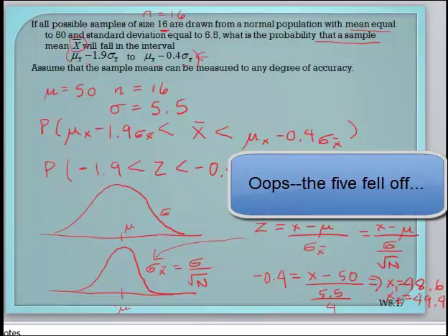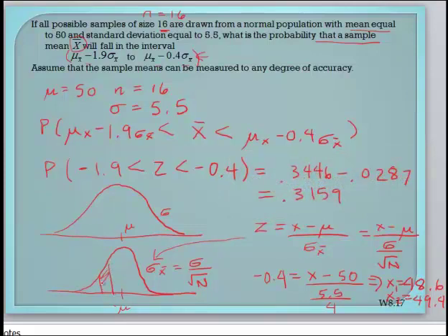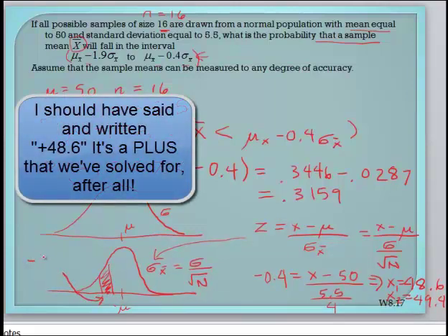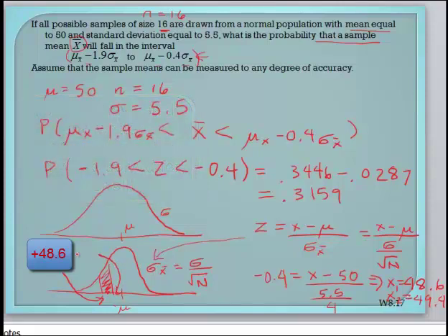So these values right here are the area that we're looking at, where x1 in reality is 48.6, and x2 is 49.45.